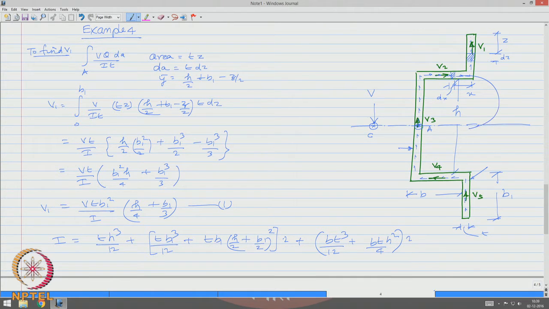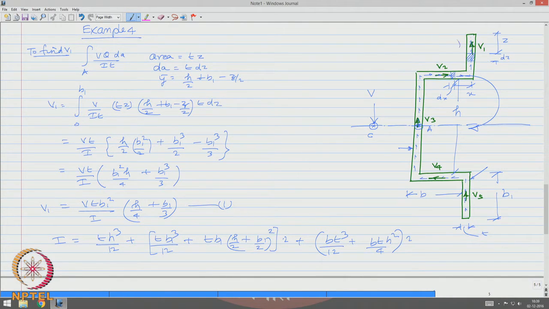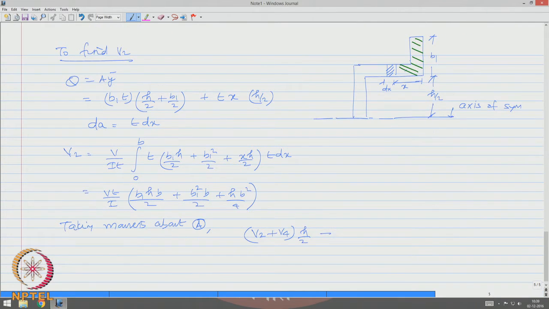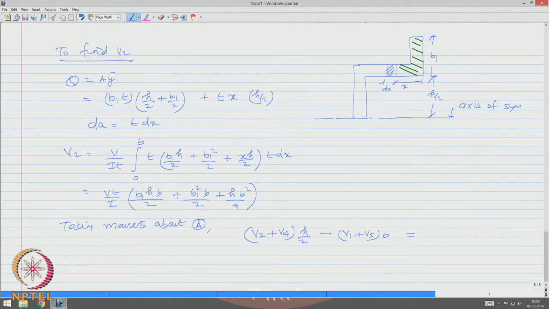V 2 will cause a clockwise moment, minus, this is going to cause an anti-clockwise moment, V1 plus V5 of B will be actually equal to, this will cause again clockwise moment, which will equal to this moment, which is V into E.